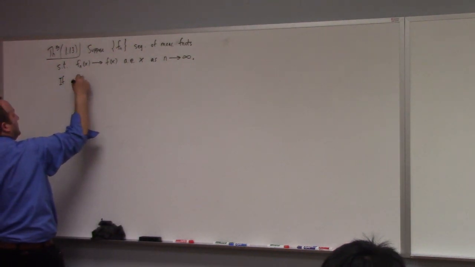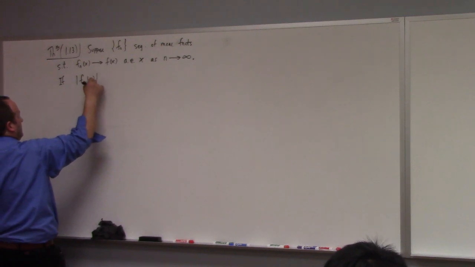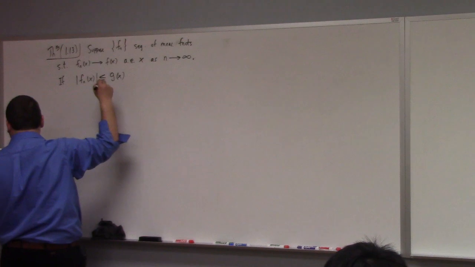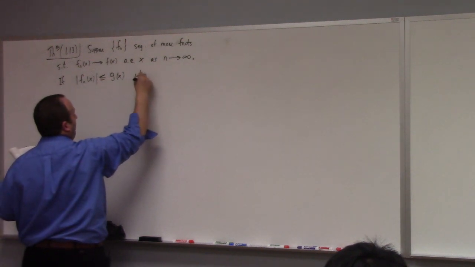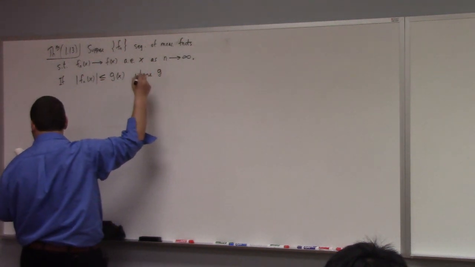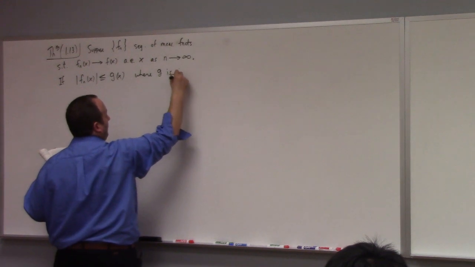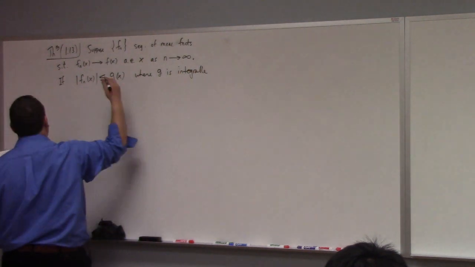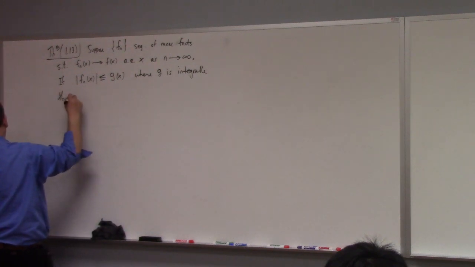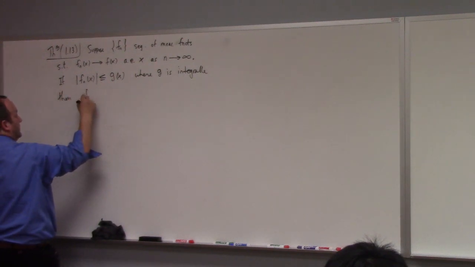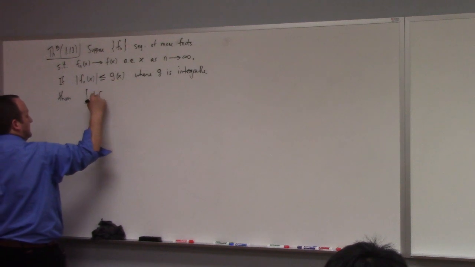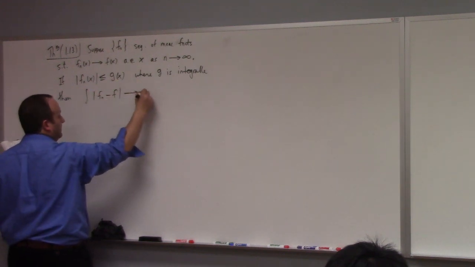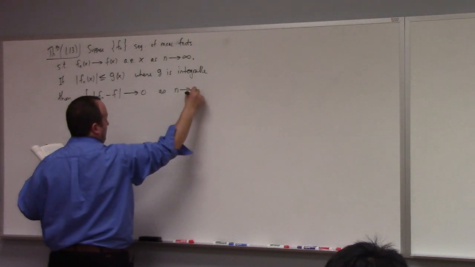If the absolute value of Fn of x is less than or equal to g of x, where g is integrable, then the integral of the absolute value of Fn minus f goes to 0 as n goes to infinity.